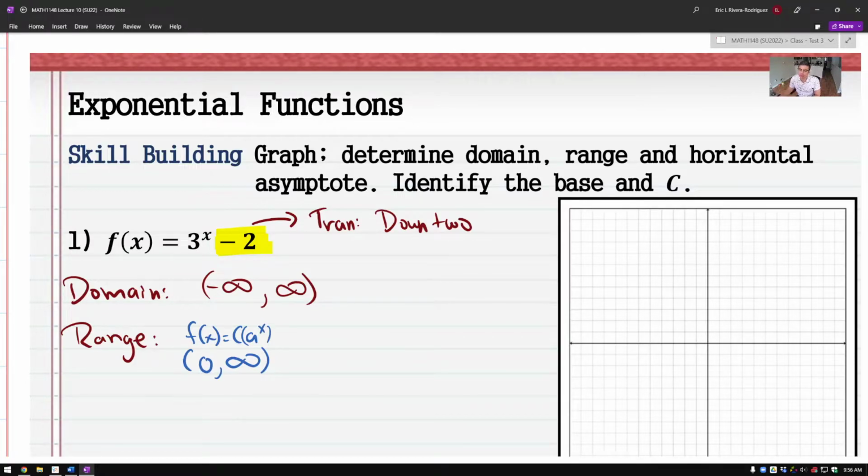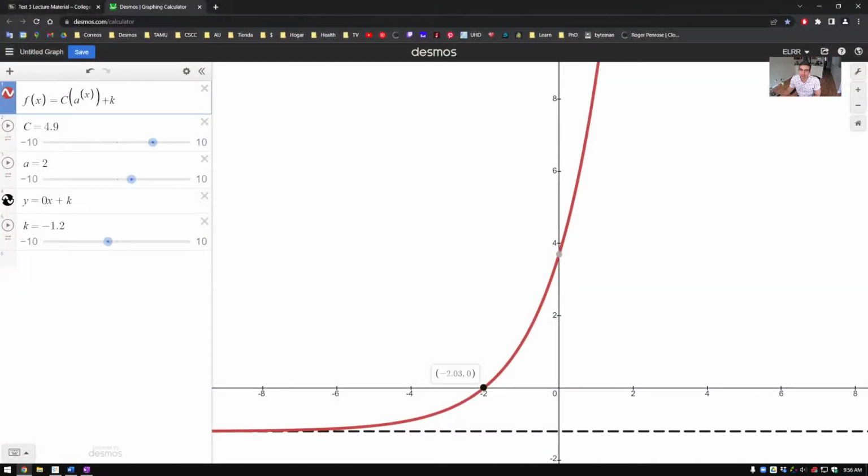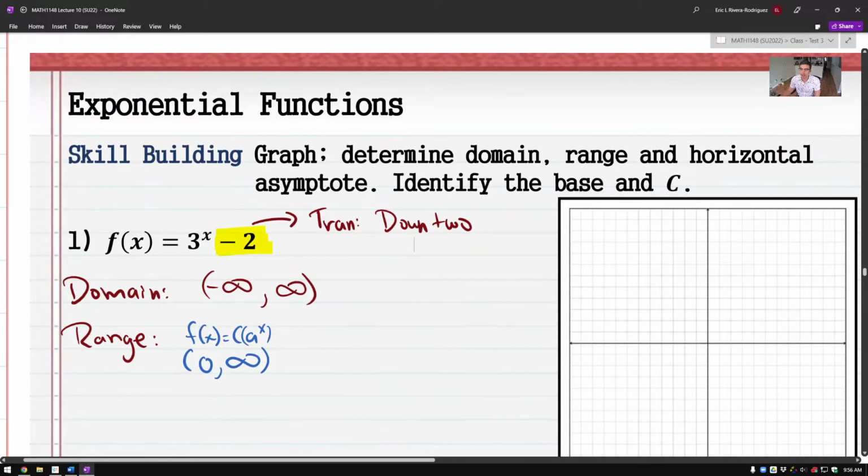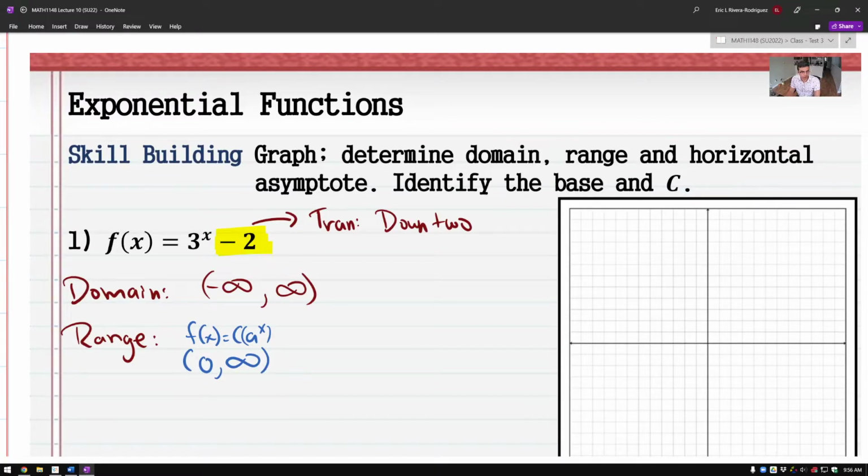Let me double check that I wrote that part. Yeah. Okay, we went down 2 units, right?